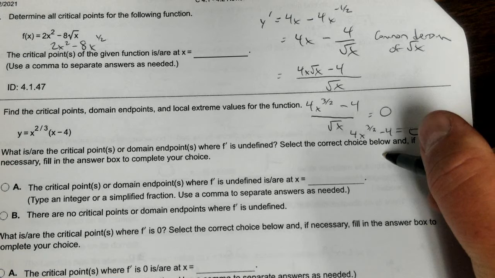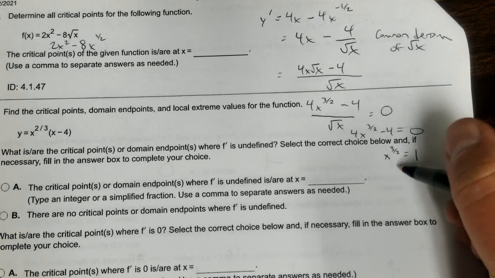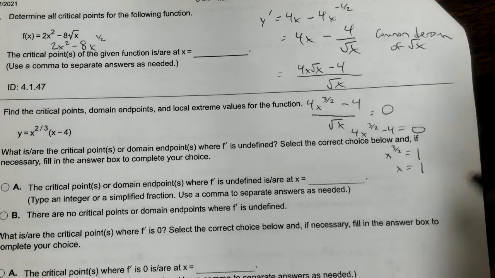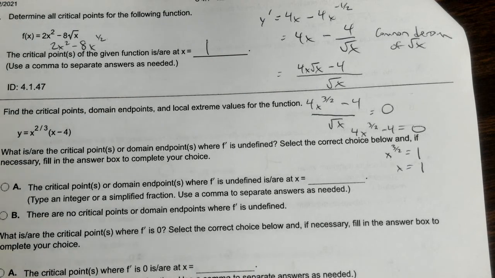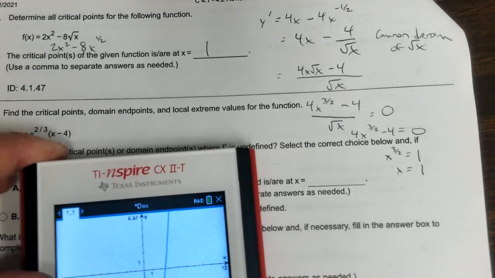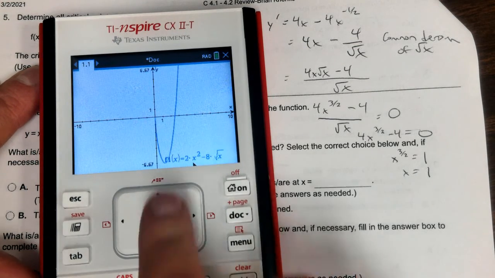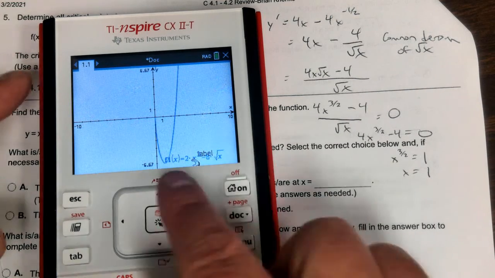So we get x to the 3/2 equal 1. And so then x would be equal to 1. So that'd be your critical point. So again, for reinforcement, if I graph my original function, I get a minimum at x equal 1. So that's how you know it's a critical point.